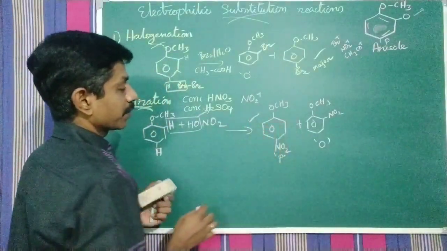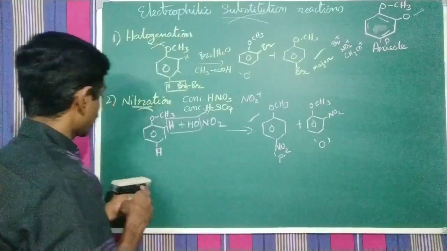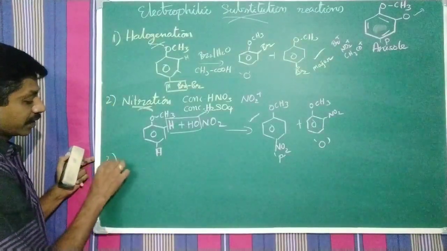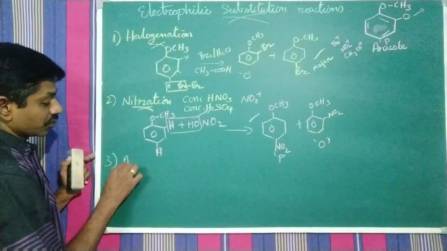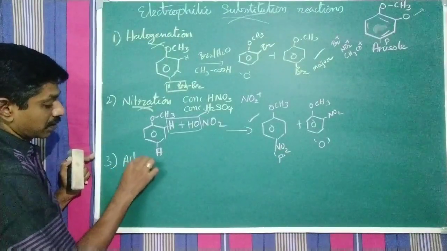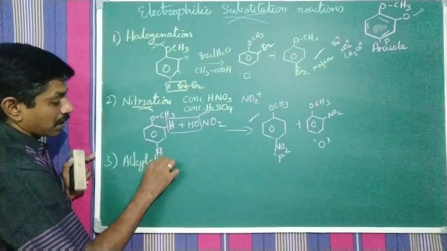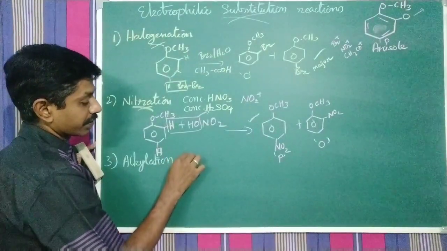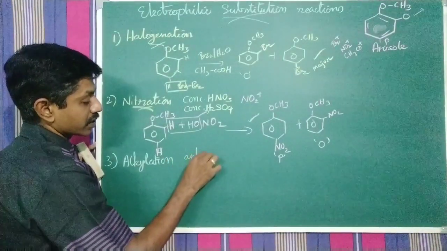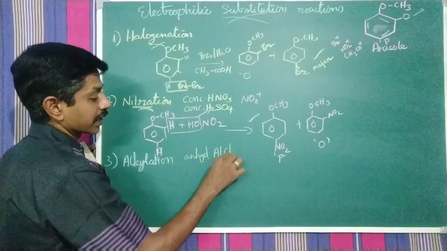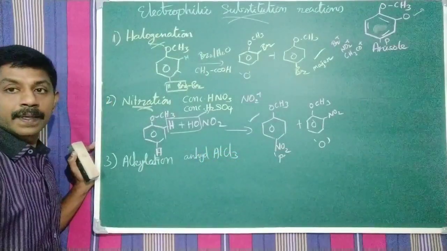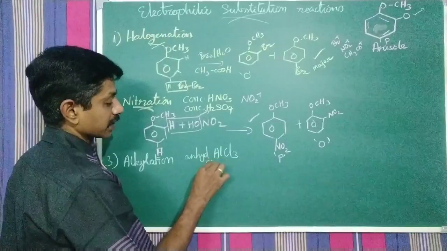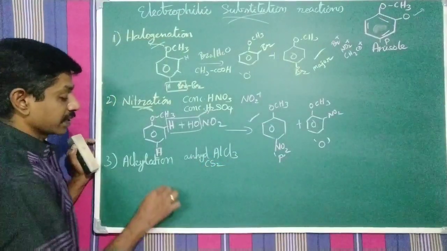So this particular type of reaction is a nitration reaction, and the next one we are going with is alkylation. And for alkylation or acylation we need the presence of anhydrous aluminum chloride AlCl3, and in the presence of carbon disulfide this reaction will take place.